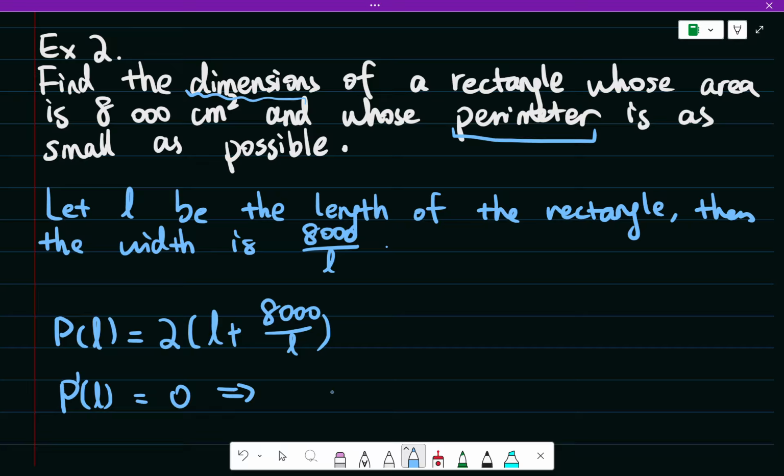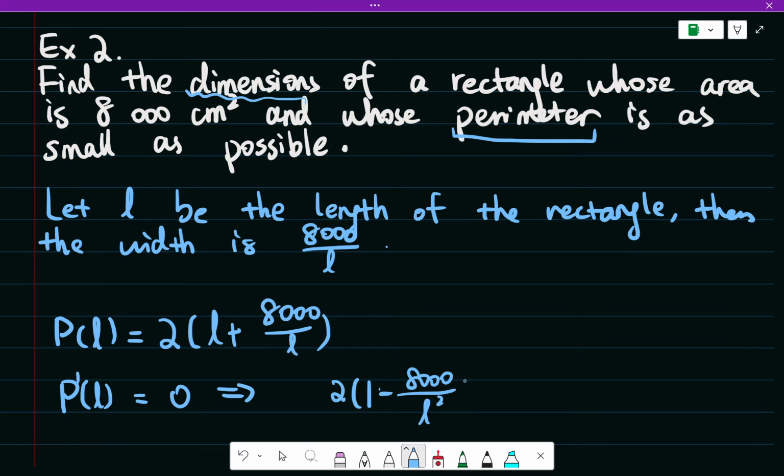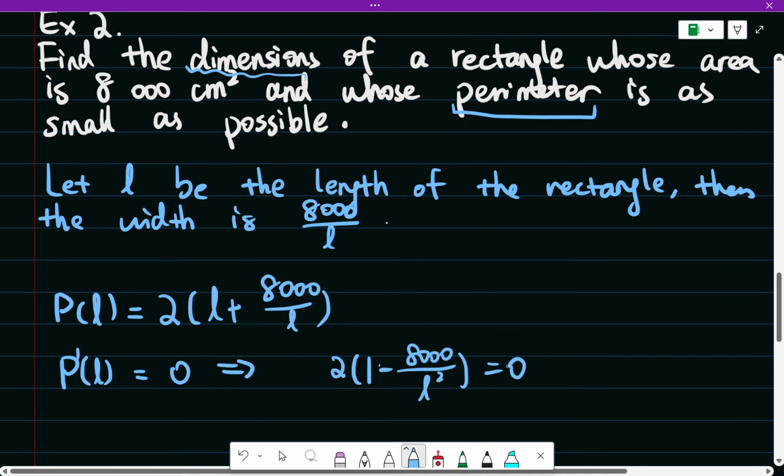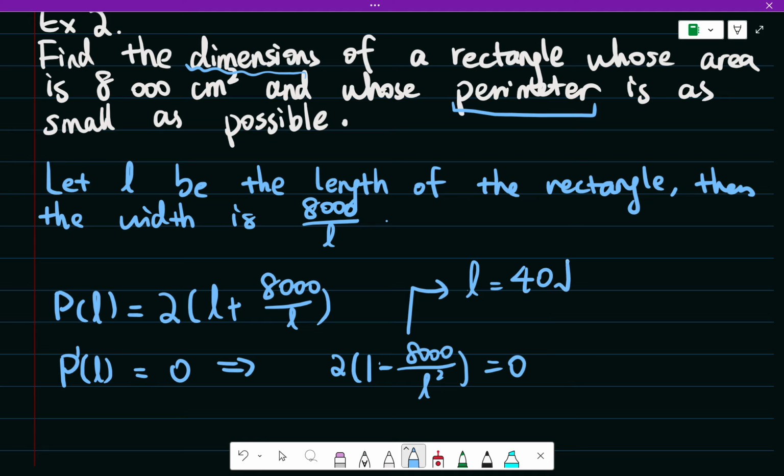The derivative of this function is 2 times 1 minus 8,000 over L squared, which is equal to 0. If we solve this equation, we get L equal to 40 root 5. So that would be the length of this rectangle.